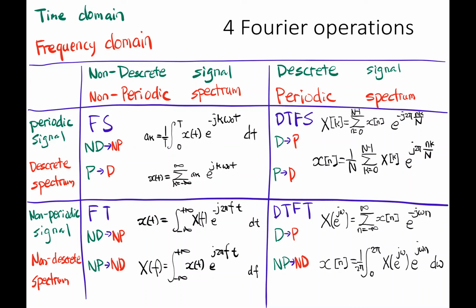What is on the left-hand side of the equation is what you want, and on the right-hand side is what you already have. If I have the frequency domain signal and I want to compute the time domain signal, I can use this equation. So for each operation, you have a pair of equations.